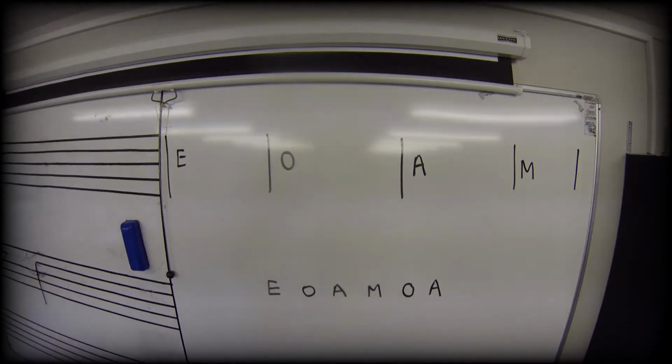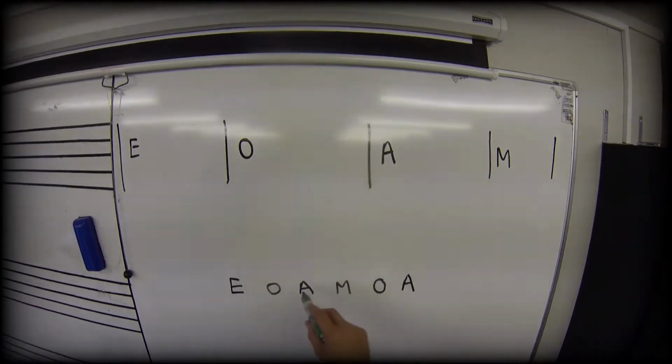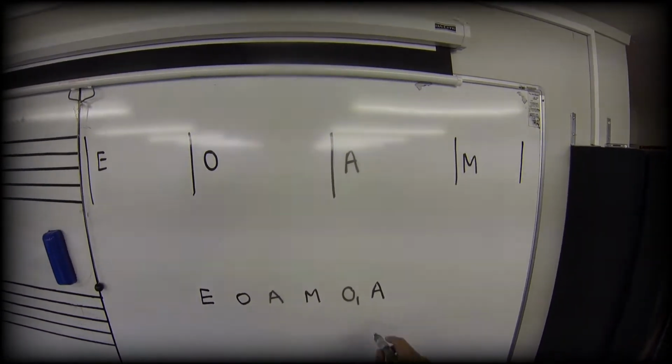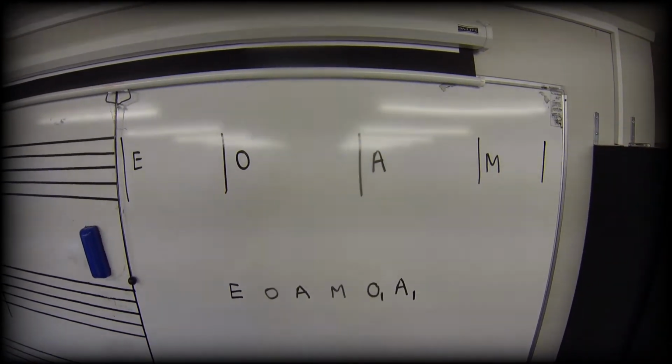So I want this combination of E, O, A, M, O, A. So the second time I do the O, I'm going to call that O1. Second time I repeat A, I'm going to call that A1.